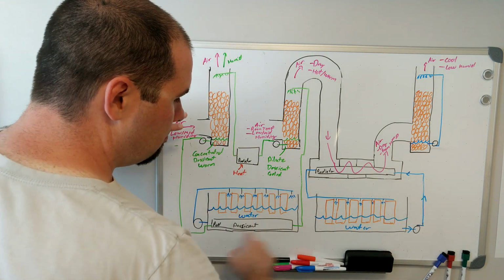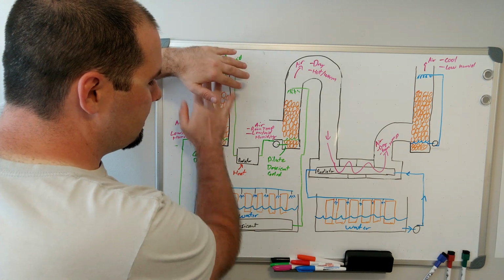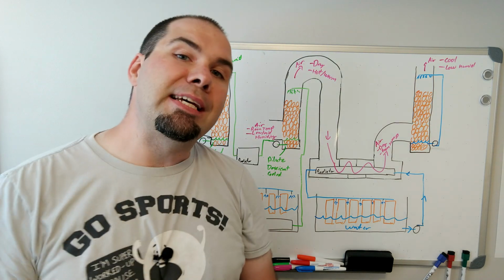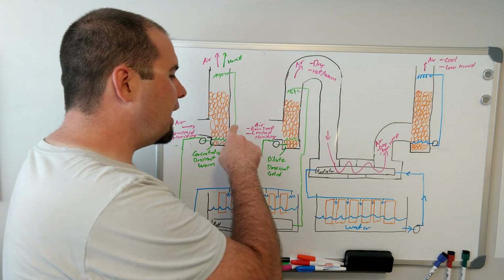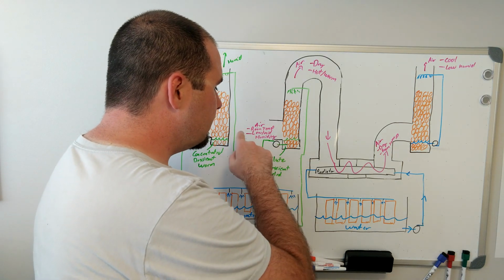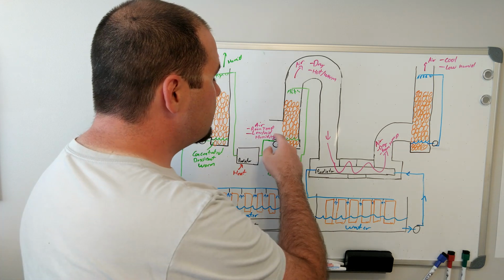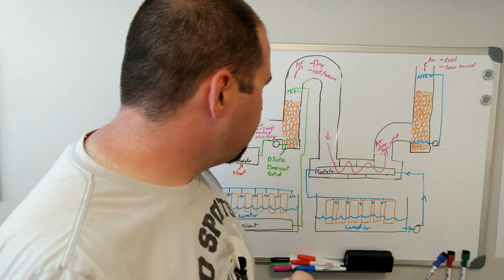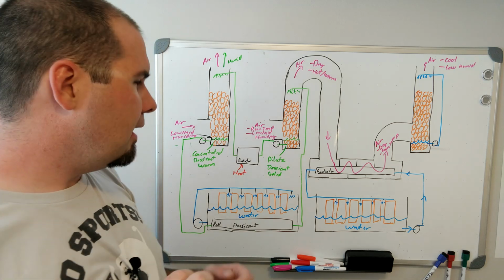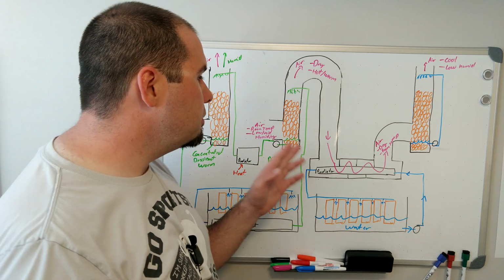So that means we can ignore all of these. We can ignore these two chambers in the bottom. We can ignore this whole loop about the desiccant. So we have air going in that's room temperature, low to medium humidity, and it goes through that process. But that process is a little bit different because we're using a desiccant.